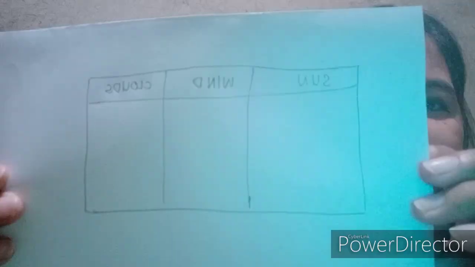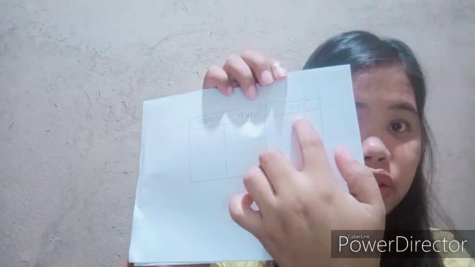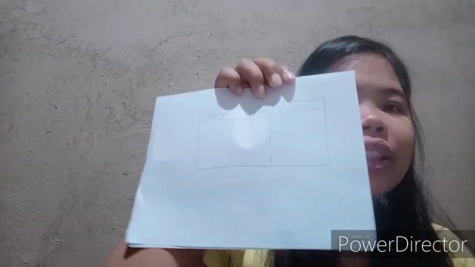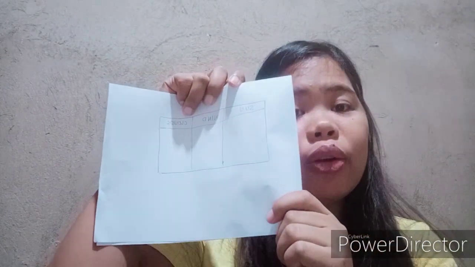Okay, very good. This is an example, so I will show it on the screen. This is an example of what I have told you. You will draw this 1, 2, 3, and then you will determine the sun, the wind, and the clouds. Inside the boxes, you will draw what you saw outside and how you feel it outside.